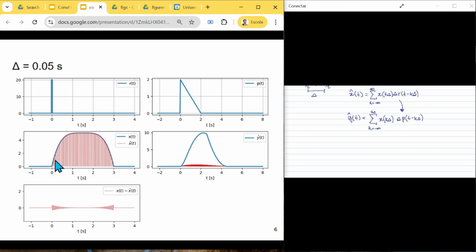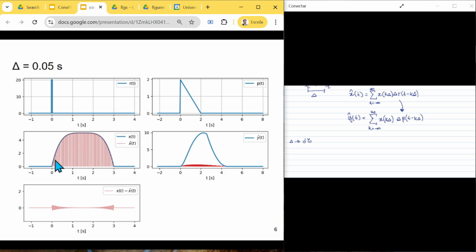The question now is, what happens when delta tends to 0? Delta is a measure for a time step. When it approaches 0, let's call this step d tau.